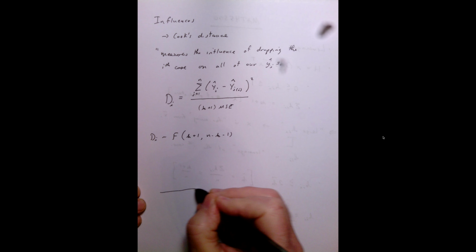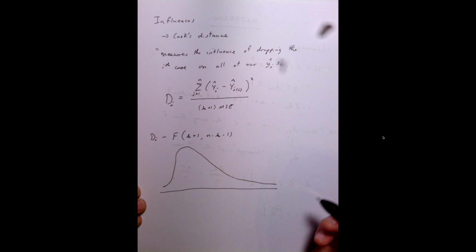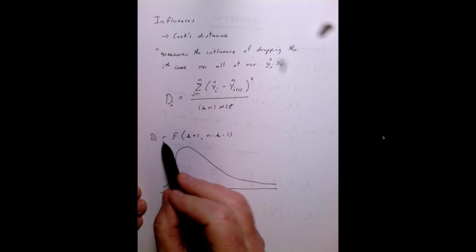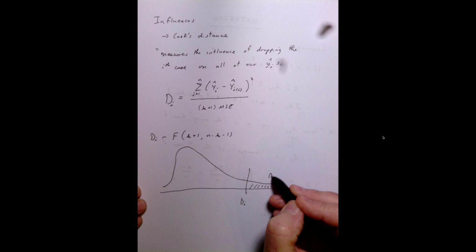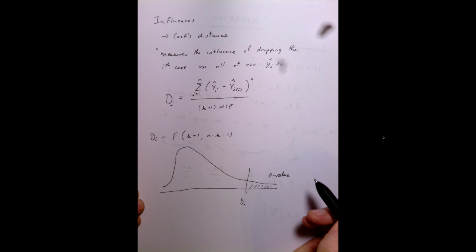Previously, when we dealt with the F distribution, we know that it's not symmetric. Typically we would find the d sub i and concentrate on this area right here, which we should know by now represents the p-value.